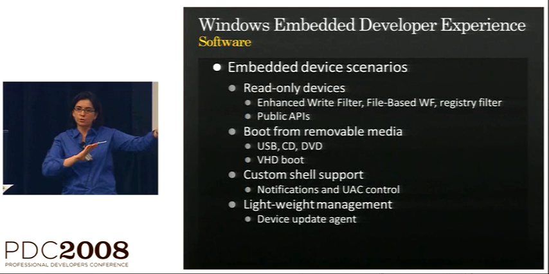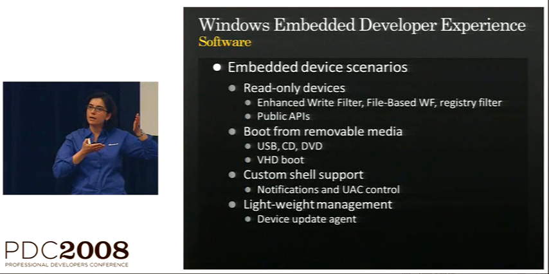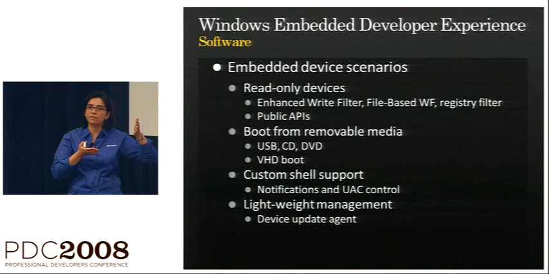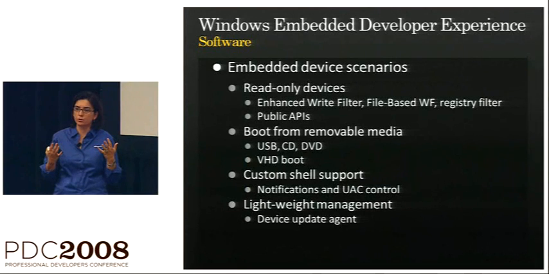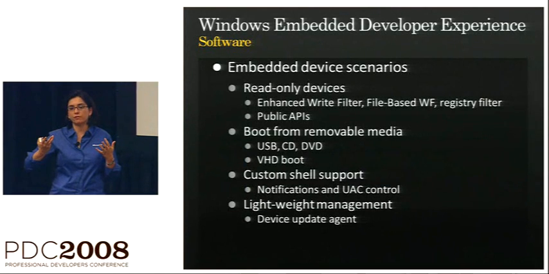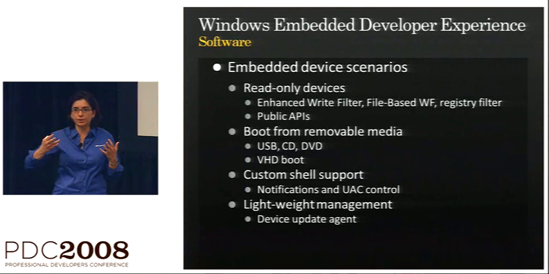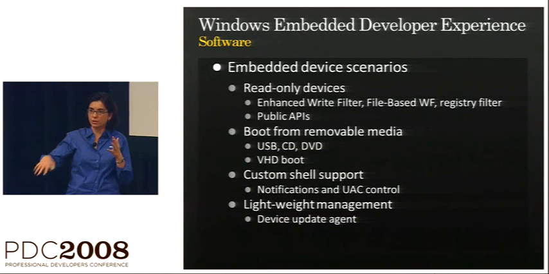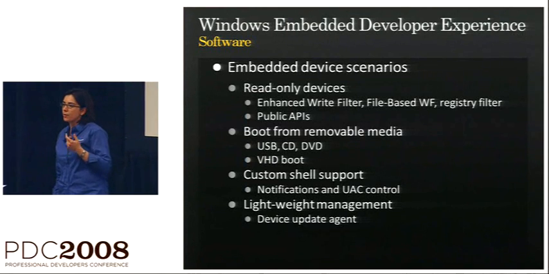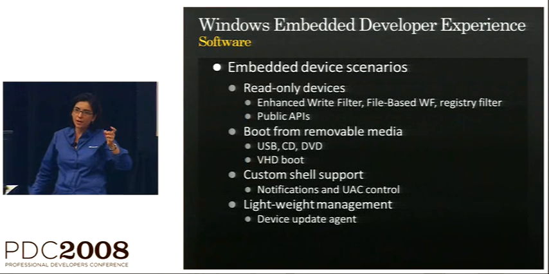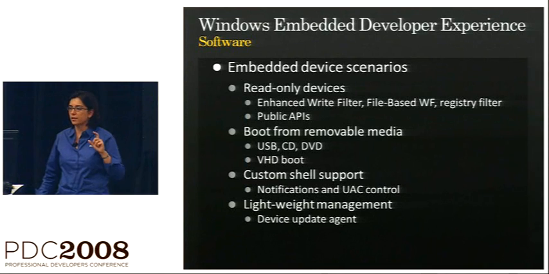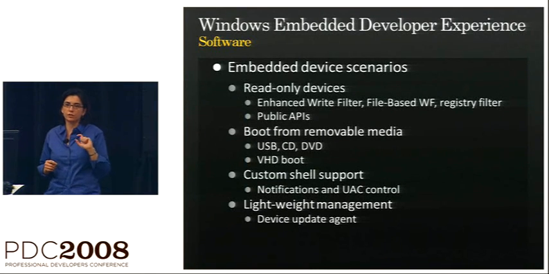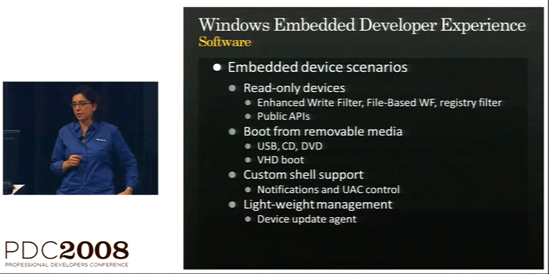It caches the whole registry into RAM, and so changes are not saved. But if you do want to save some registry keys, you can configure registry filter policy to allow certain registry keys or hives to actually be written to persistent media. Now, when you're servicing your device, applying updates or saving data like I talked about, you need to be conscious of these write filters and manipulate them in your applications.